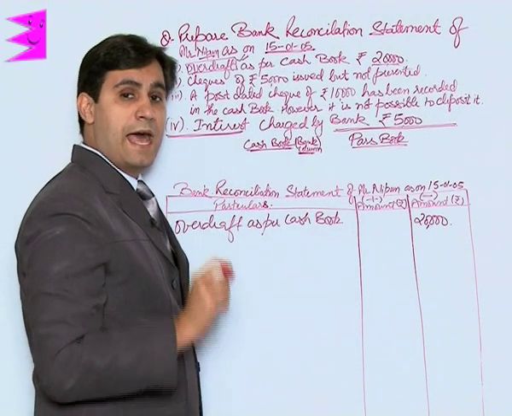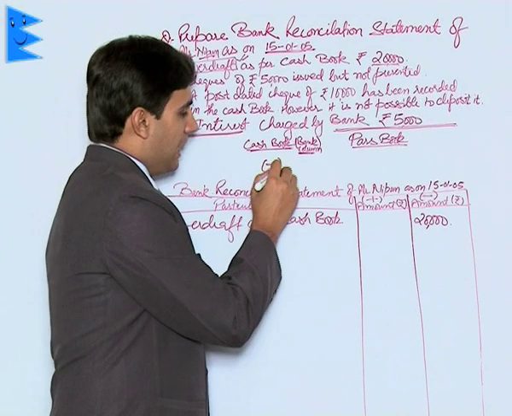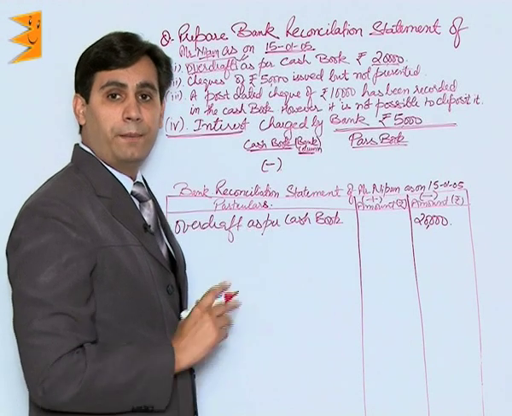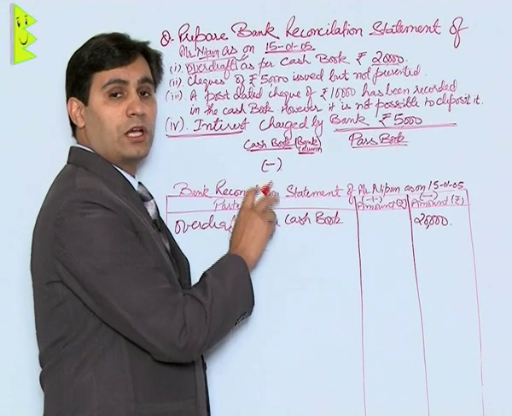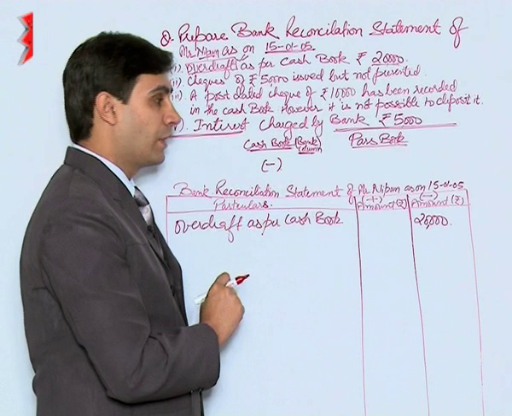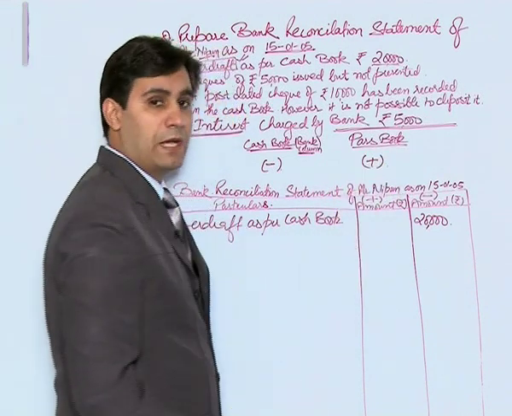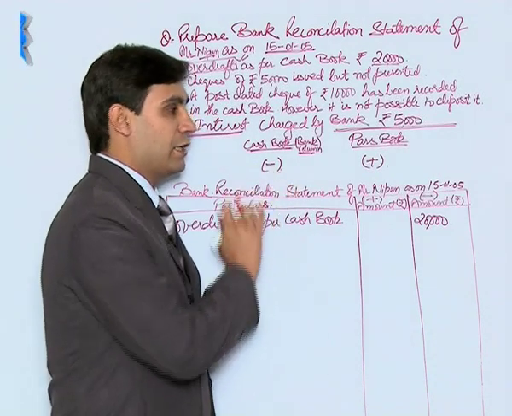Now checks of rupees 50,000 issued. That means as we issued the checks of rupees 50,000, we reduced our cash book. It is an assumption that the payment has been made immediately. So we deduct from the cash book and it shows a lower balance as compared to the passbook, hence the negative sign here. But no payment has been made by the bank. So the passbook shows a positive or a higher balance as compared to the cash book.